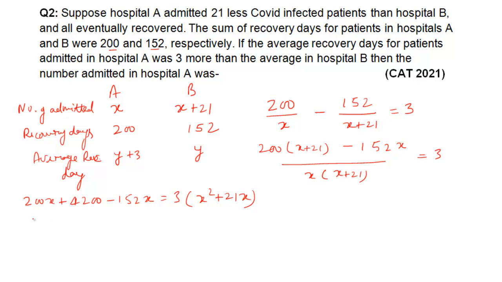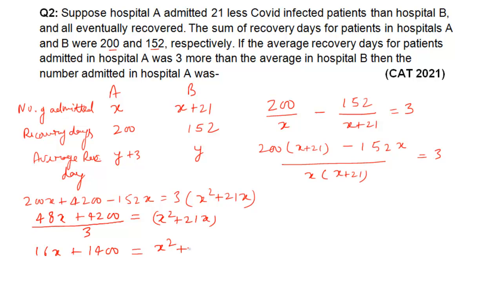Or rather I can divide this by 3. So this will give me 16x plus 1400, so that is equal to x square plus 21x.